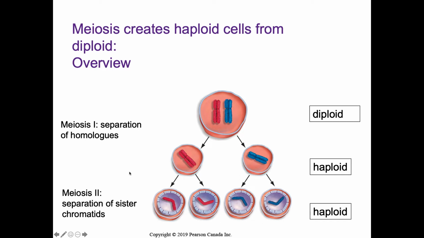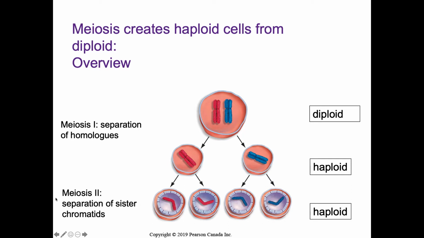The second division is more like a mitosis, where the sister chromatids will be separated. This results in haploid daughter cells, in which each chromosome exists as a single chromatid. So the second division goes from two sister chromatids in a haploid cell to single sister chromatids in a haploid cell.